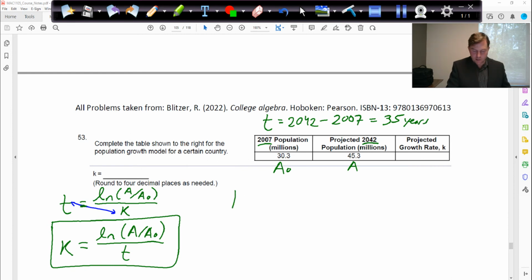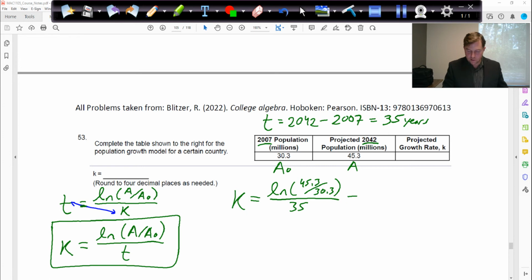So plugging all this in, your decay or growth rate, well, it must be growth rate because the population increased, so we're expecting a positive k out of this. We would have the natural log of 45.3 divided by 30.3, divided by the 35 years.